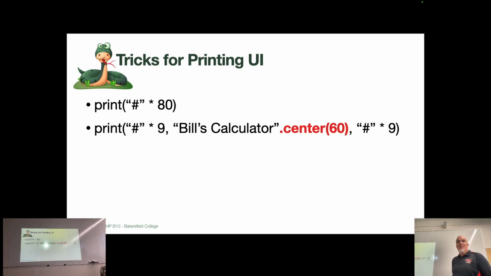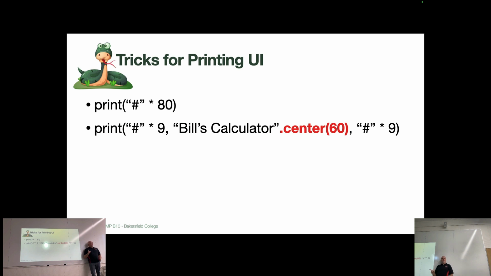So if I print this, okay, I have a print statement or print function here with 3 arguments. Now we know what this does, right? This prints hashtag times 9, and then there's a comma, and then there's something, and then I'm printing hashtag times 9.